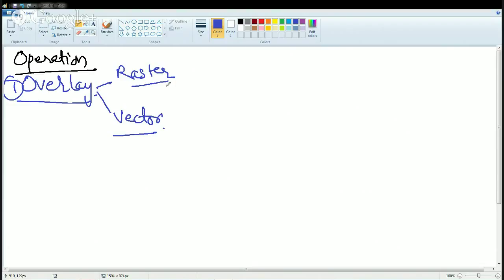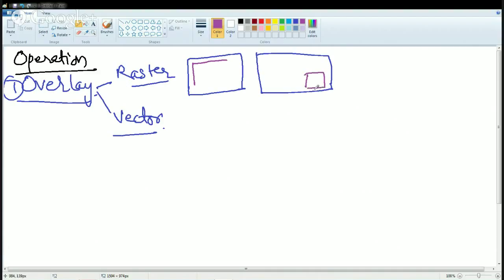In raster overlay, raster is basically a matrix of squares. I have two locations, location A and B, and in this location I have this map, and in this location I have this section. So what would be the resultant raster?